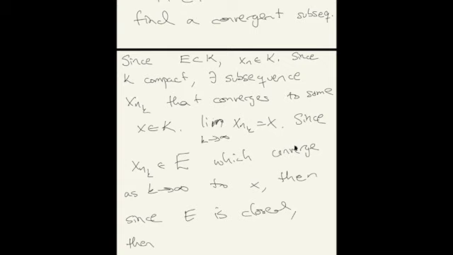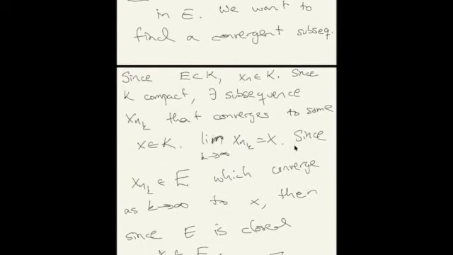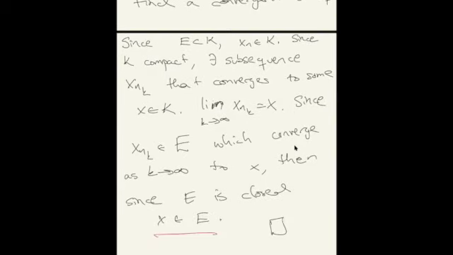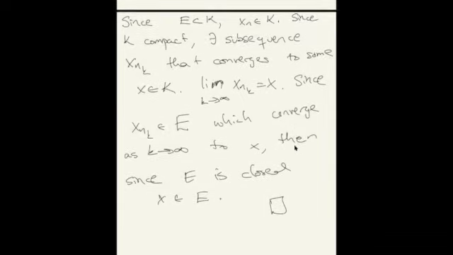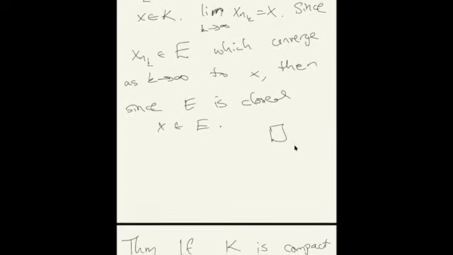Then since E is closed, we know that x is also in E. And this concludes our proof, because we have found the convergent subsequence, x_{n_k}, that converges to a point x in E. So E is compact in this case. Okay. Well, this is a sidetrack.